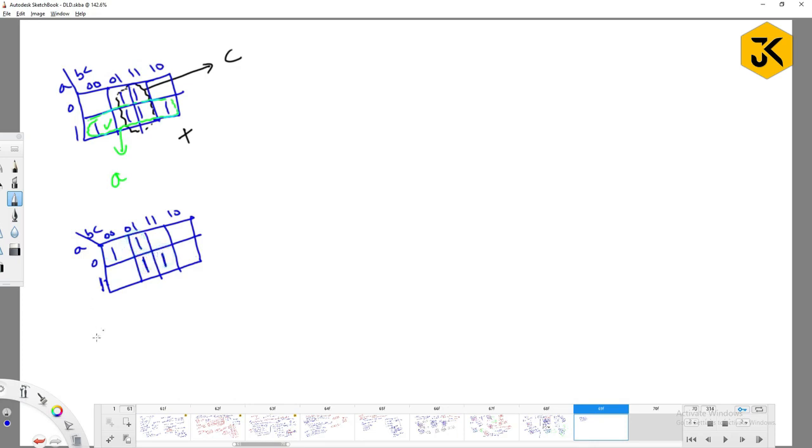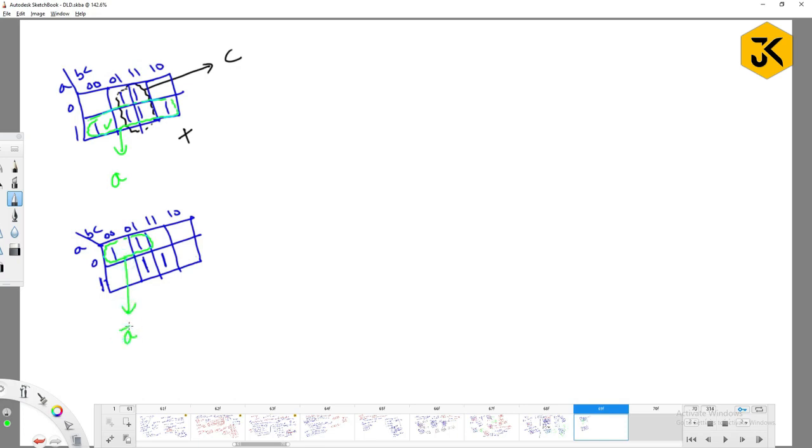Now try to combine. Now how many cells are you going to combine? Can I combine with 2 cells? Yes. If I combine with 2 cells, can I get this data? Yes. What is the value?